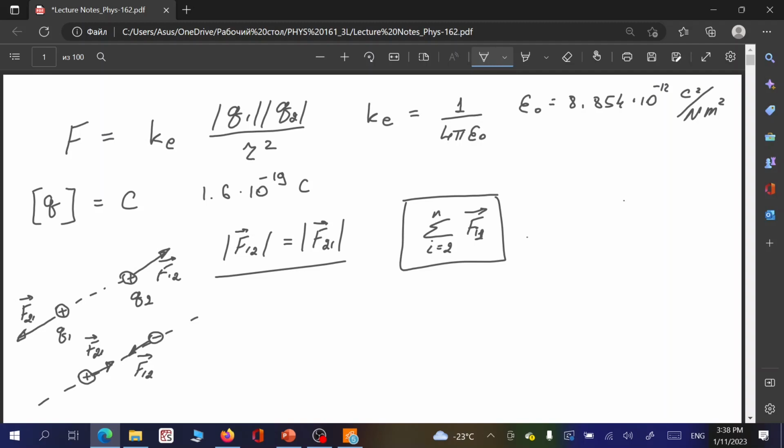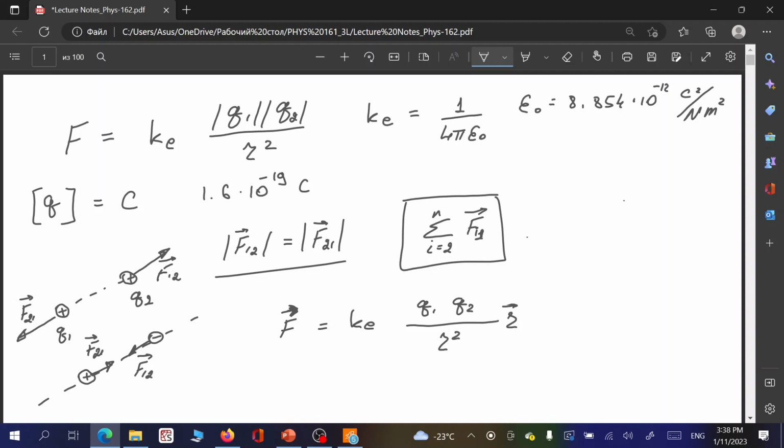So in general form, the electric force in vector form can be defined as Ke, the electric constant, times Q1 times Q2 over R squared, and here we put the R unit vector.